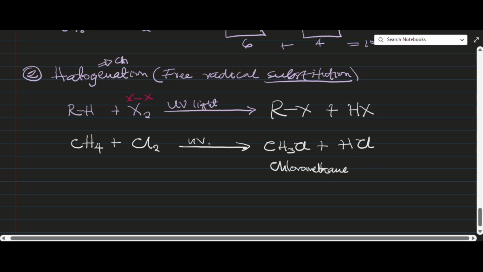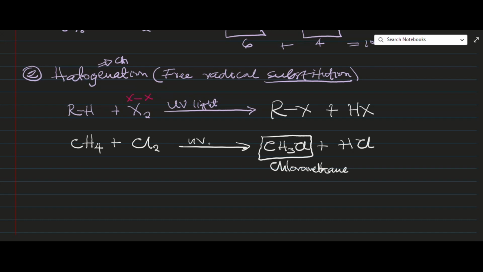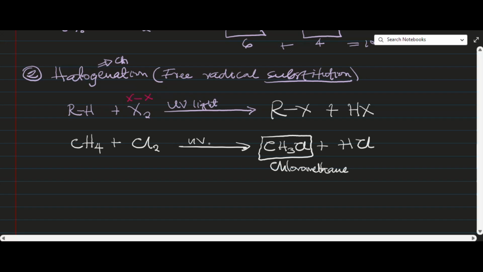So remember, it is also possible, if you have excess chlorine in the reaction vessel, for this to be further substituted, one of the hydrogen here, until you don't have any hydrogen left. For example, you can have CH3Cl plus further Cl2 and then UV light.